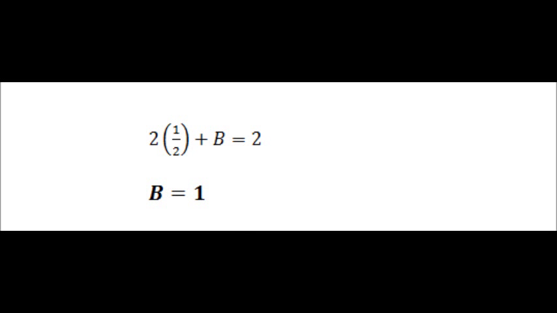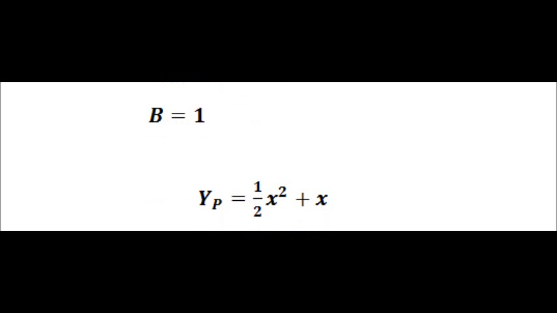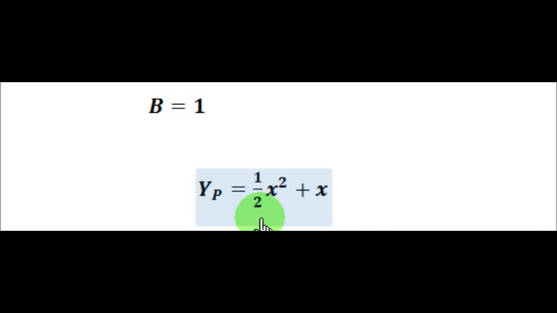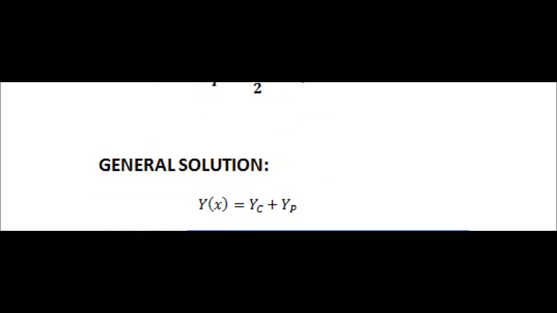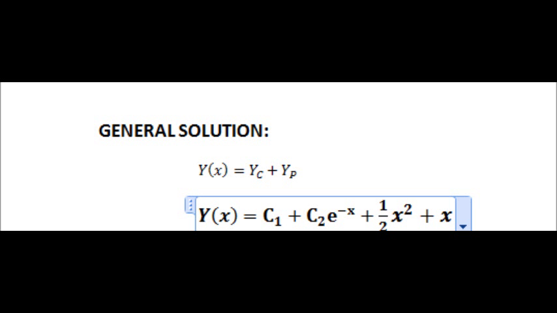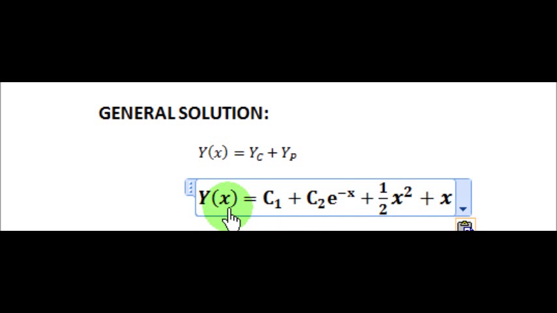Then substitute it to find yp. So our yp will now be equal to 1/2 x squared plus x. We now have the solution for yc and yp, so we can derive the general solution. So our general solution will look like this: y of x is equal to yc plus yp.